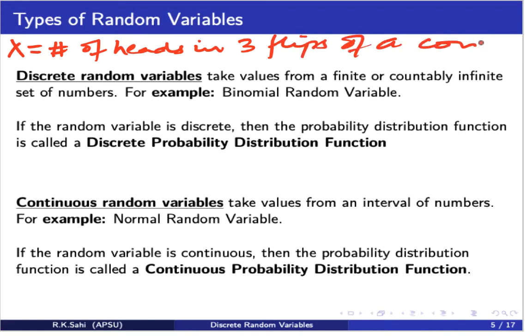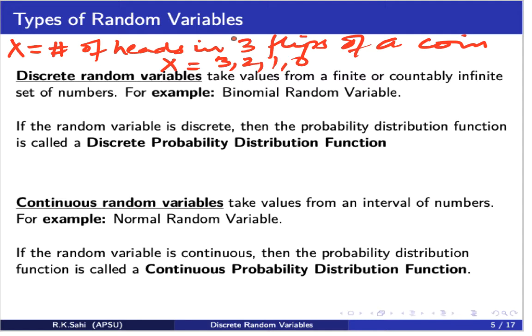What values can my x take? It's going to be 3, 2, 1, and 0. So how many times does the head pop up? It can be 3, 2, 1, or 0. So it is taking exactly some finite values. An example which we'll be doing later on is called a binomial random variable, which is a discrete random variable.